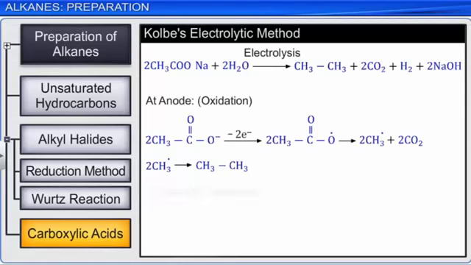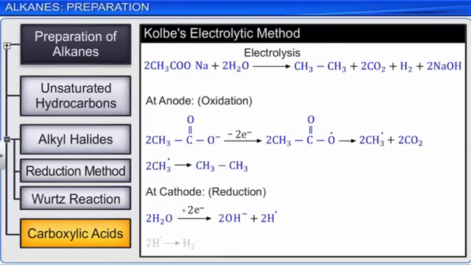At the cathode, water molecules accept the electrons and split up into hydroxyl ions and hydrogen free radicals. Two such hydrogen free radicals combine together and form hydrogen gas. Thus, in this electrolysis method, alkane is produced at the anode.